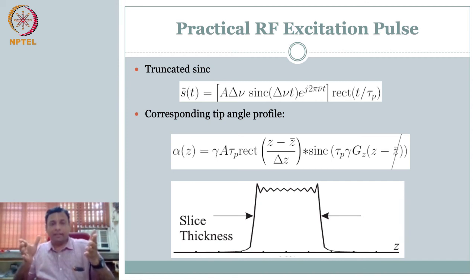You have some finite time, right? So when you truncate it, what is going to happen? Your frequency response is not going to be hard limiting. It is going to slope out, right? So your slice profile will not be a rect. There will be a slope. That is, you're going to have some blurring.